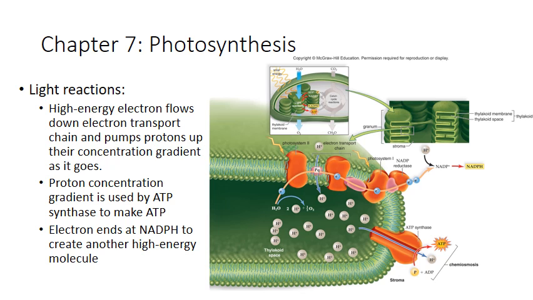So how do we differentiate what's happening? Is it the same concept with the light reaction and then cellular respiration? It's very similar. In cellular respiration, rather than the electron ending at NADPH, it ends at an oxygen.